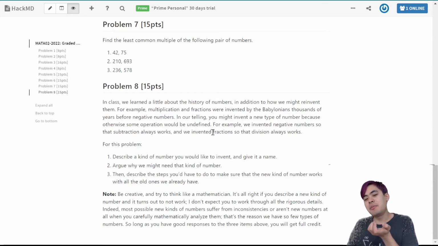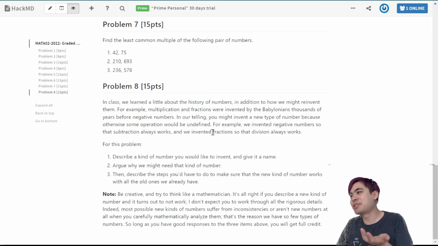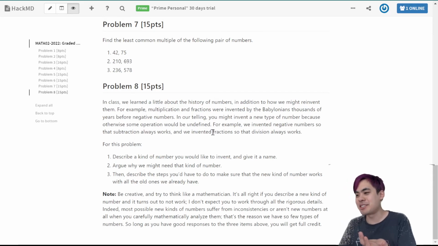I'm more than aware that it's going to be hard for you to invent some interesting new number. Mathematicians have been thinking about this for literally thousands of years. But the new number you invent might not actually be that useful, and that's fine. Just try to invent something.